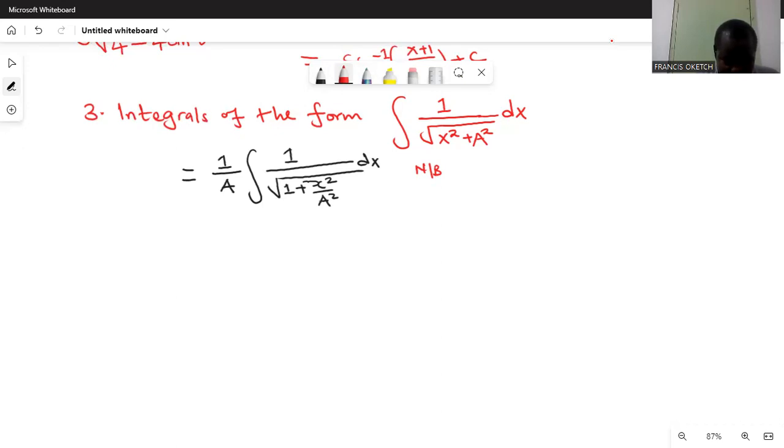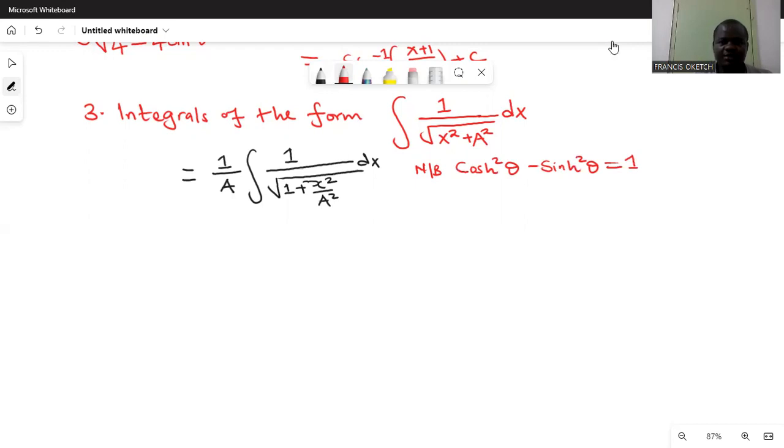We know that cosh squared theta, when you subtract sinh squared theta, gives 1. Remember, I want 1 plus something.